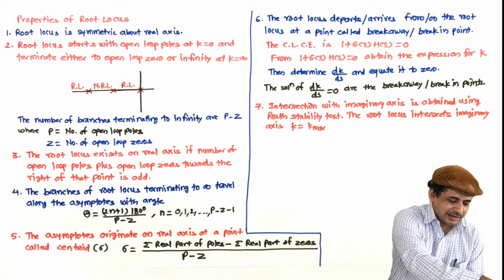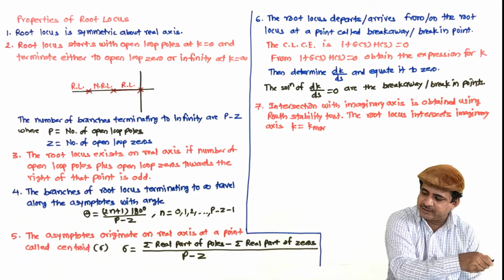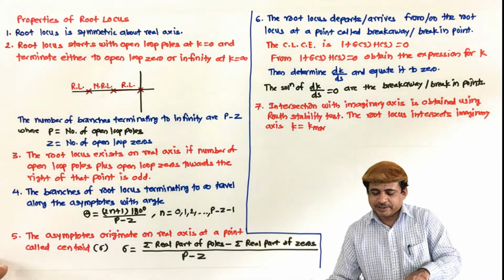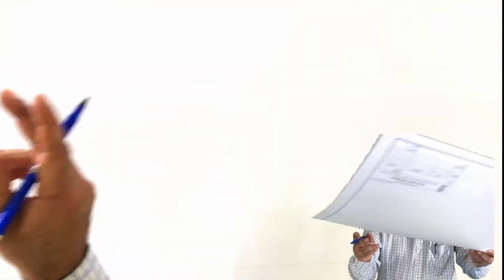So another case is there, and that we will treat separately as the eighth property, and that is called angle of departure or angle of arrival.